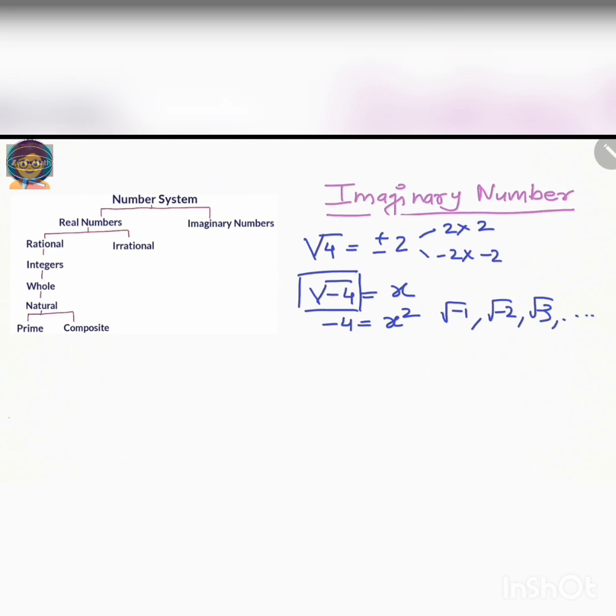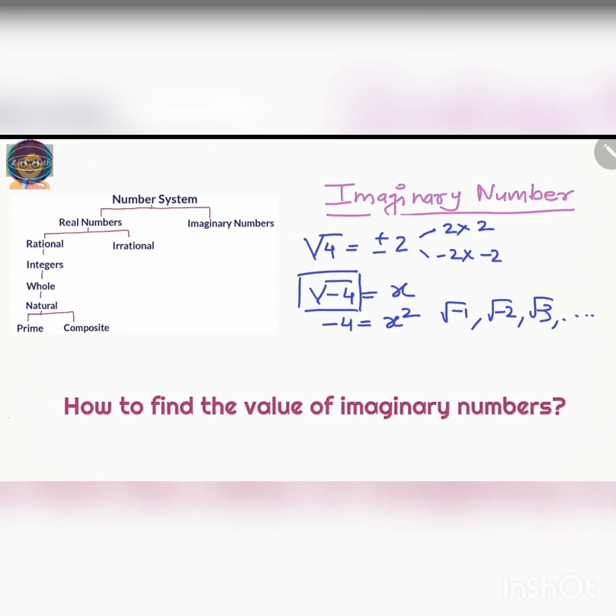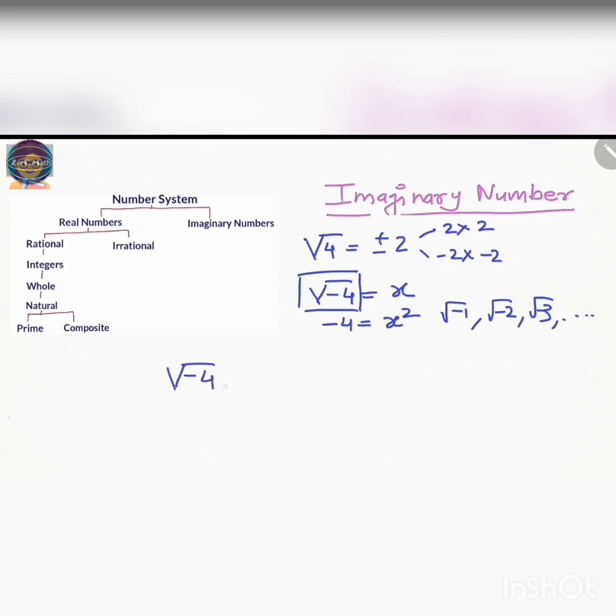All are imaginary numbers. Now the question is, how will we find the value of imaginary numbers? So let's take some examples. Let's try to find the value of square root of minus 4 and square root of minus 9. Square root of minus 4 I can represent as square root of 4 into square root of minus 1. Square root of minus 9 I can represent as square root of 9 into square root of minus 1.